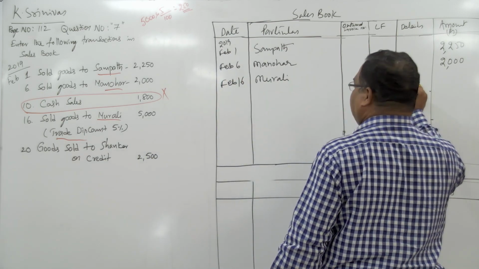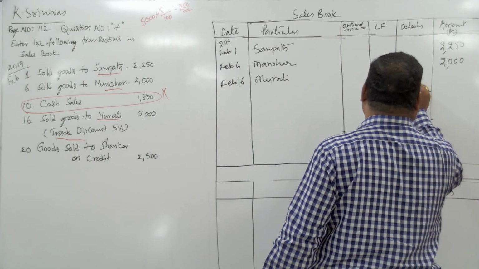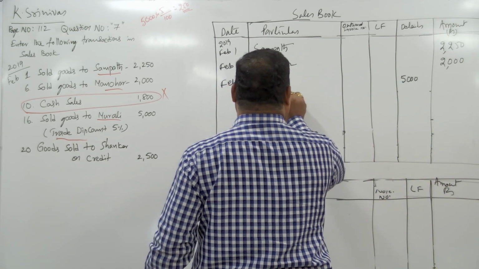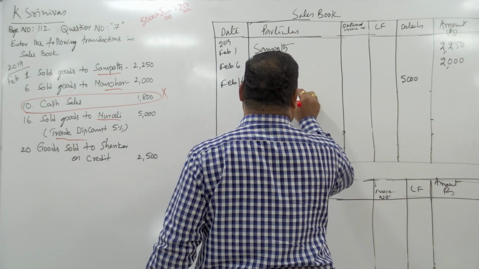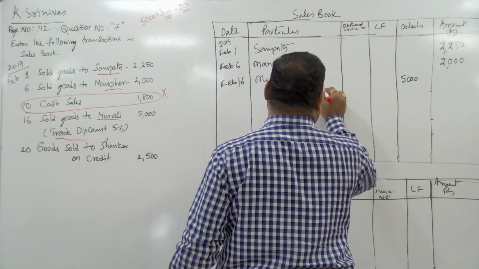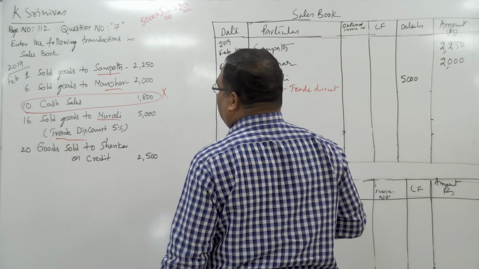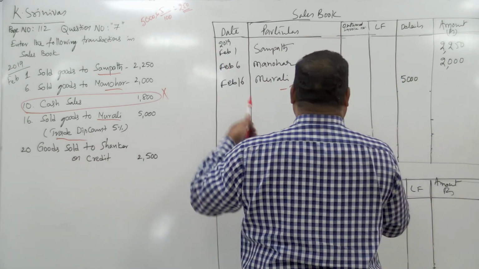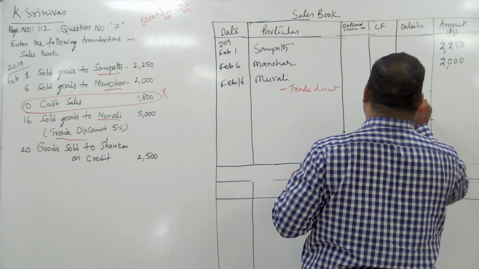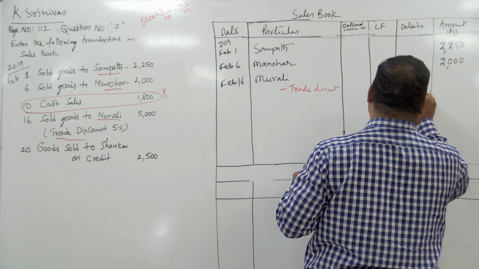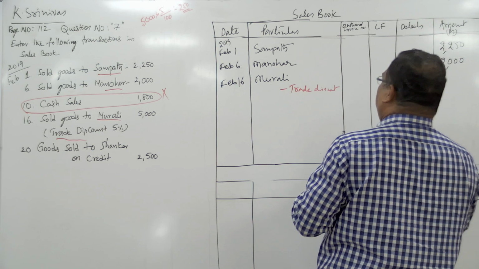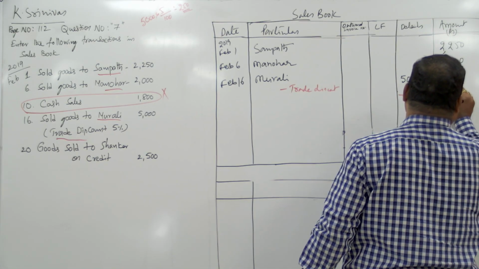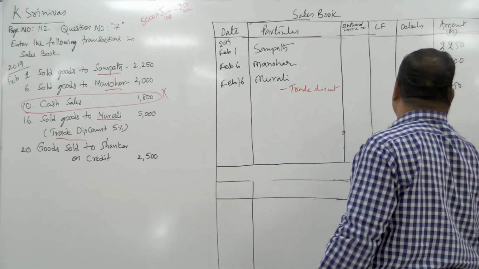This we should take in the details column: 5,000 less trade discount 5%, that is 250. For your information, I am writing here with the red pen. So the total amount is 4,750.